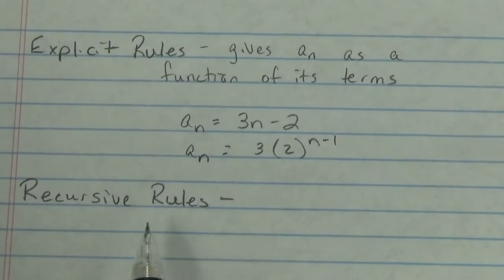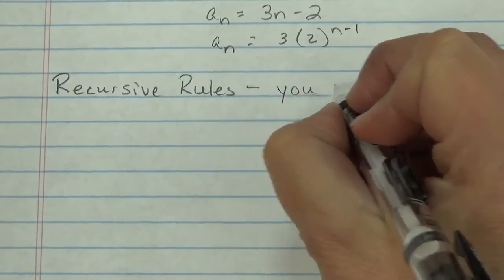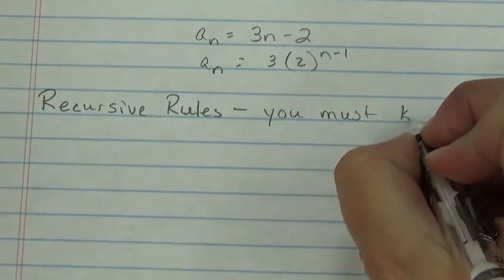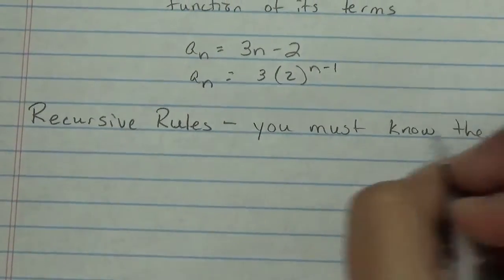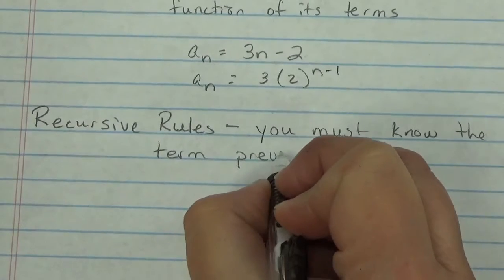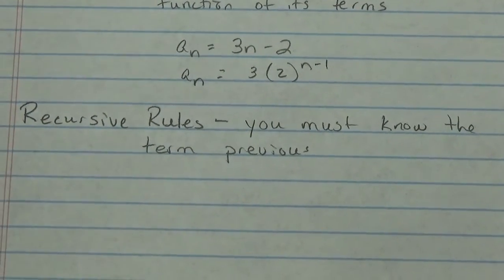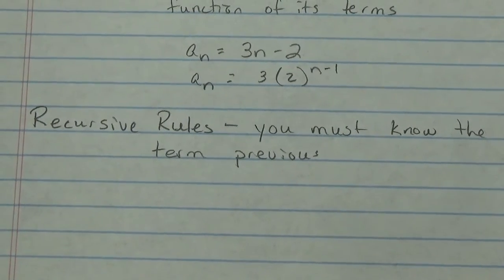A recursive rule, you have to know the term previous. So in order to do this one, you'll write a recursive equation.